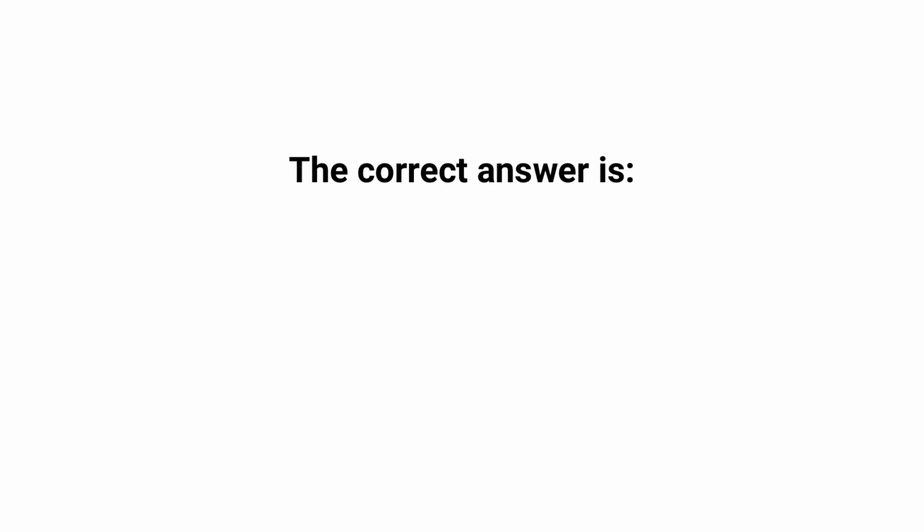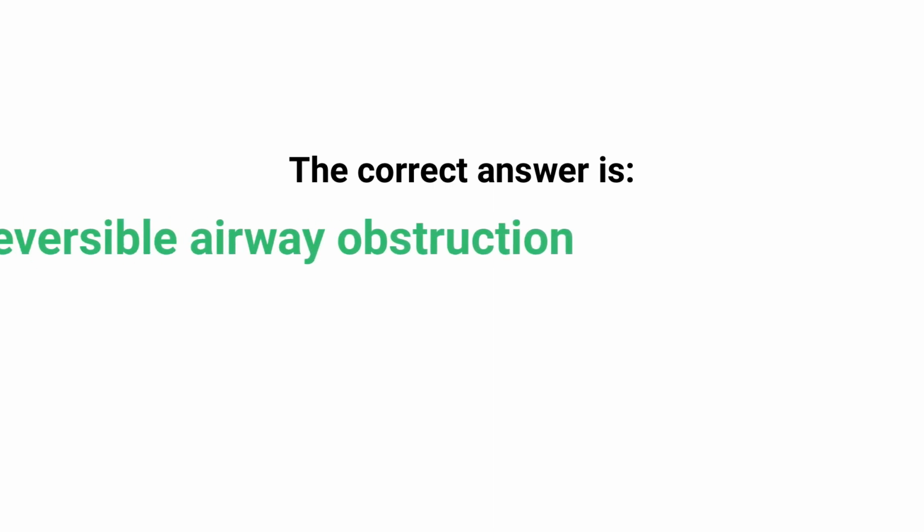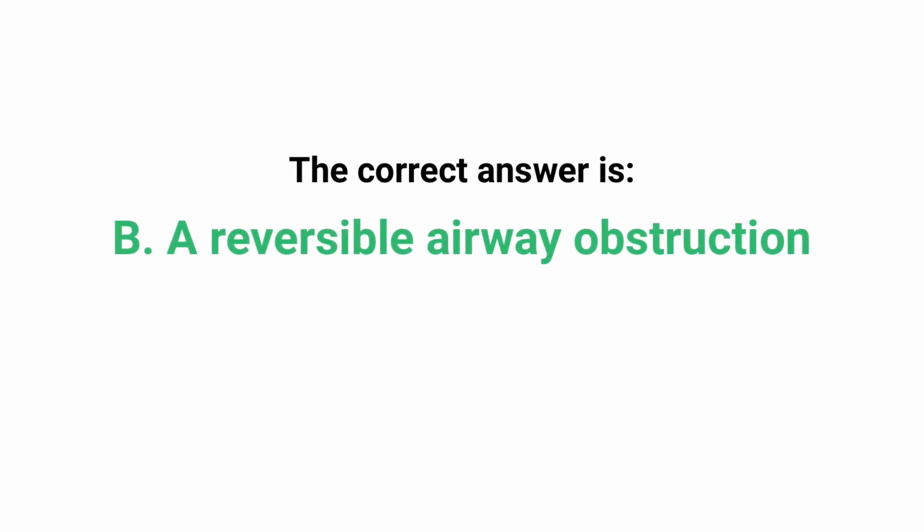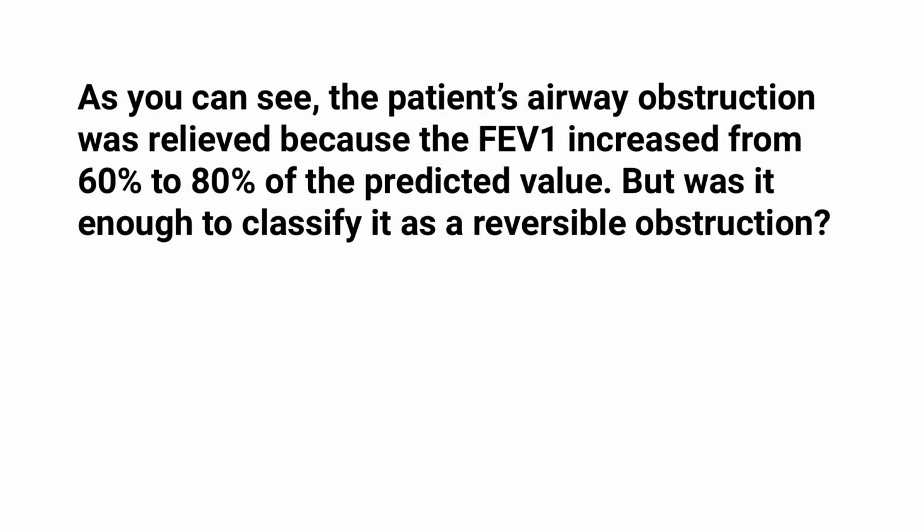The correct answer is B, a reversible airway obstruction. As you can see, the patient's airway obstruction was relieved because the FEV1 increased from 60% to 80% of the predicted value.